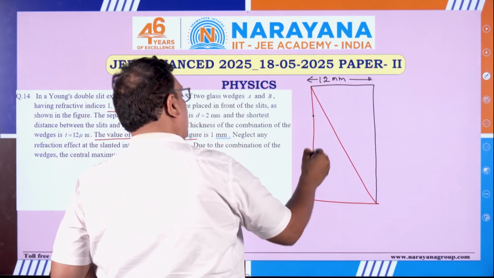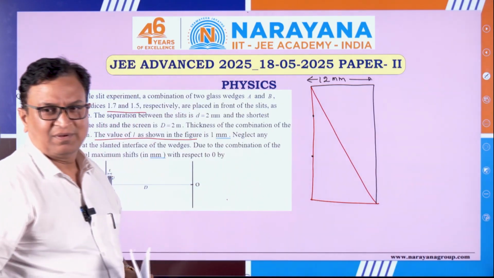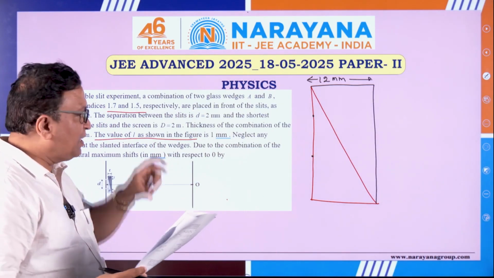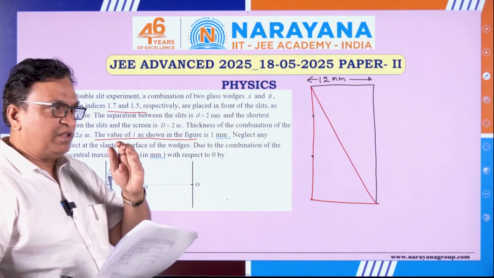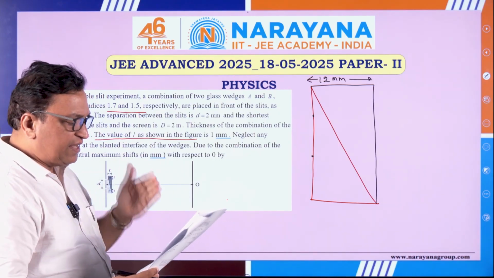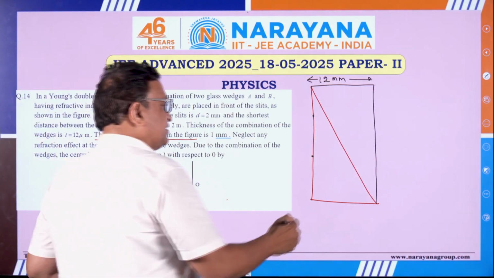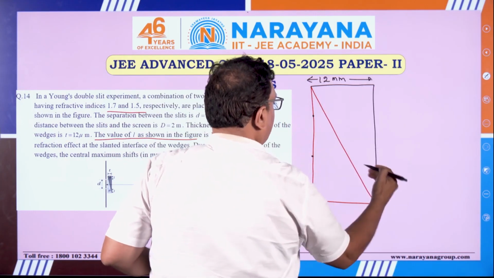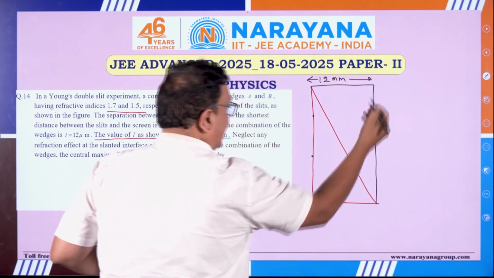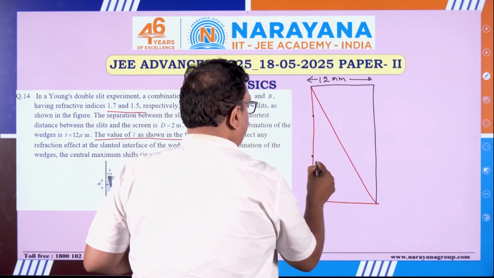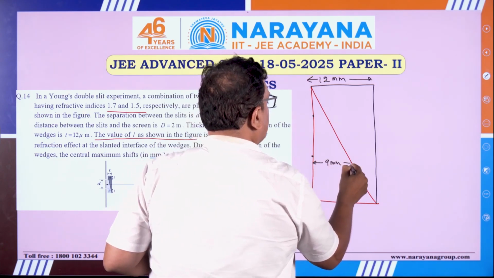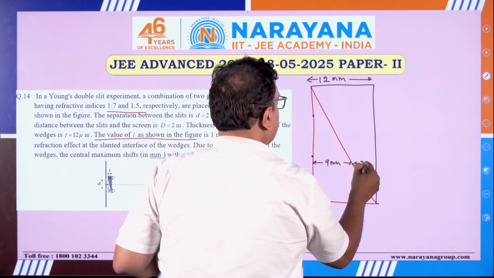Above you have 1 mm, below you have 1 mm, in between you have 2 mm. Now please try to understand what will happen in the division part. The total 12 is divided accordingly, which means at this point you will face 9 and at this part you will face 3.